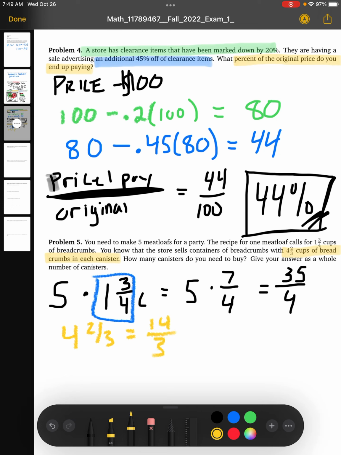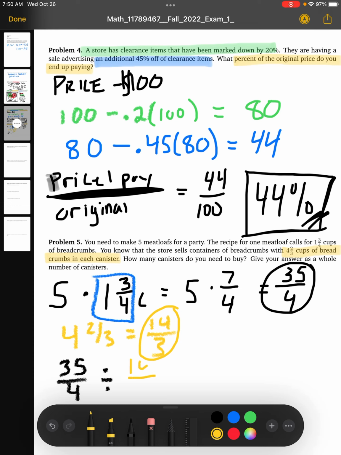So I need 35/4 cups of breadcrumbs. There are 14/3 in each canister. So I'm going to take 35/4 and divide that by 14/3.